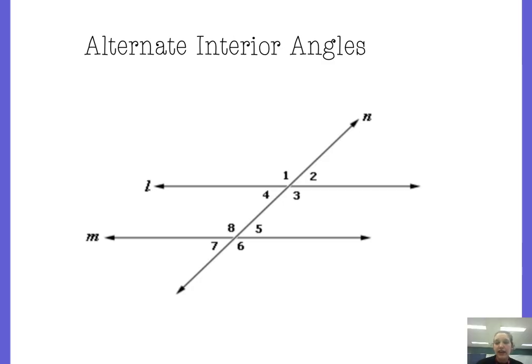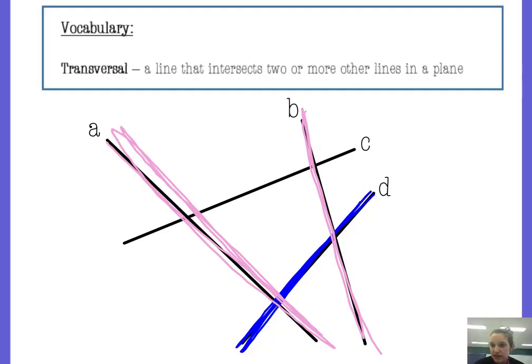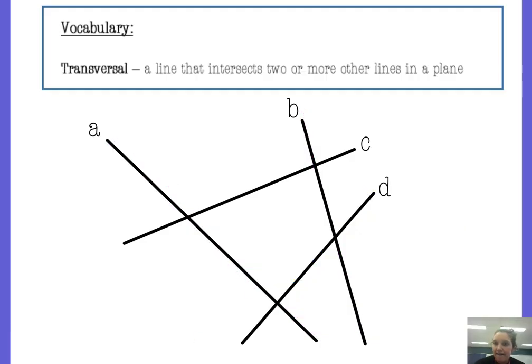So when we have a transversal that intersects 2 lines, we have some special relationships. So the first type of special relationship is called alternate interior angles. So let's go back to this picture. And I'm just going to go ahead and get rid of this line.